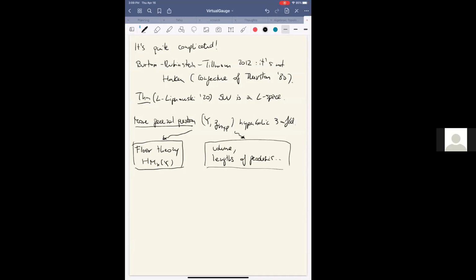Both of these are topological invariants. The hyperbolic invariants are topological invariants by Mostow rigidity. So of course there's a natural question: can you tell one from the other? If you know something about one, can you say something about the other, and vice versa?